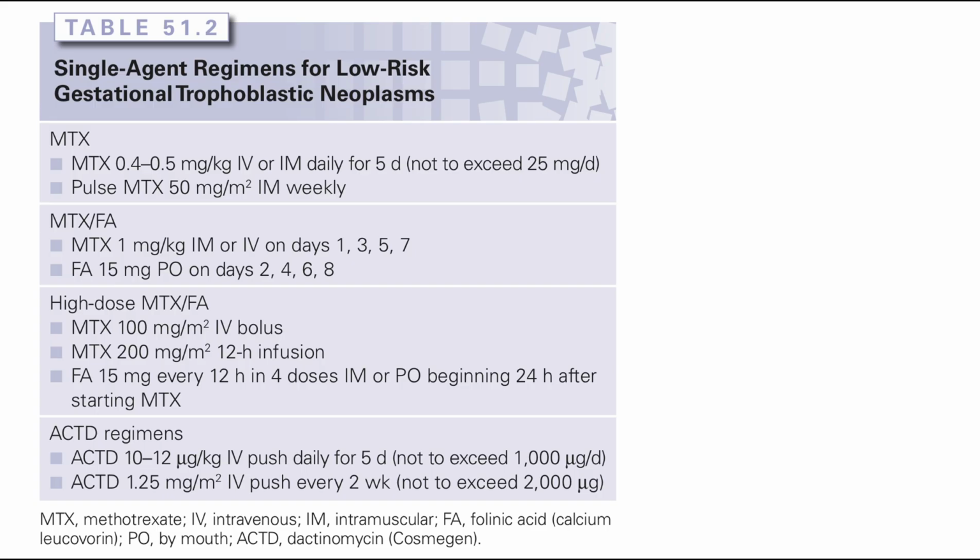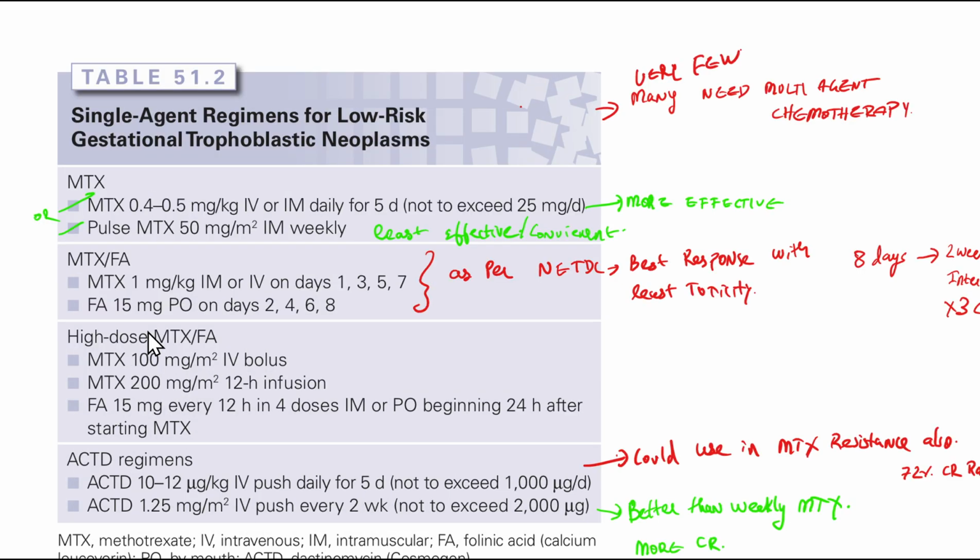You mustn't give more than 1000 micrograms per day of actinomycin. You can either give methotrexate daily, actinomycin daily, high dose methotrexate, and folinic acid.